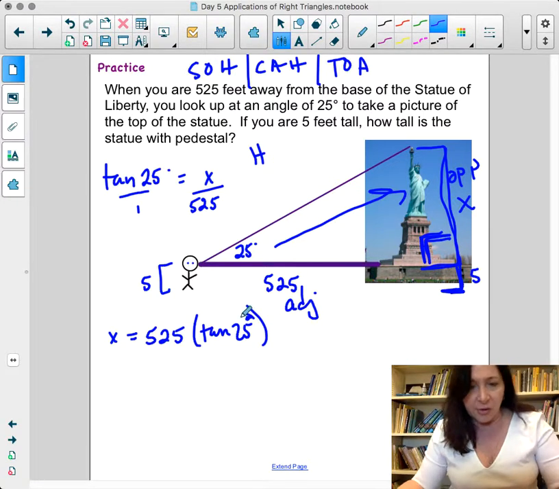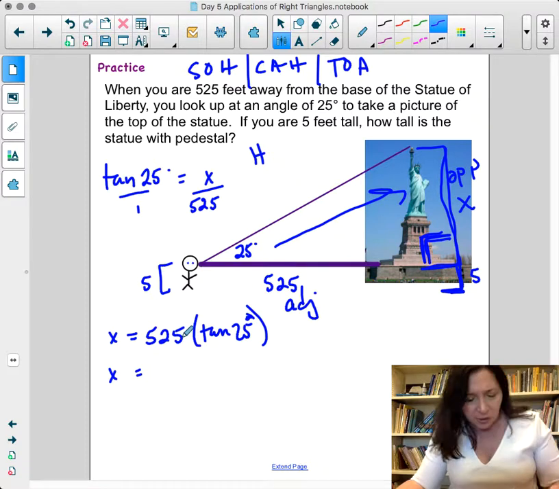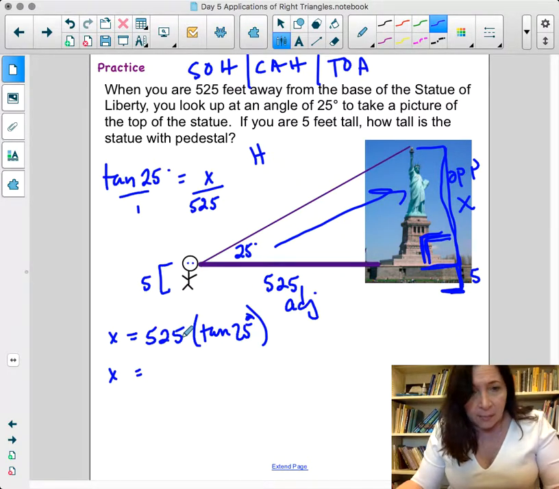Use your calculator, and keep in mind, you have to make sure you're in degrees. So tangent of 25 degrees, multiplied by 525.